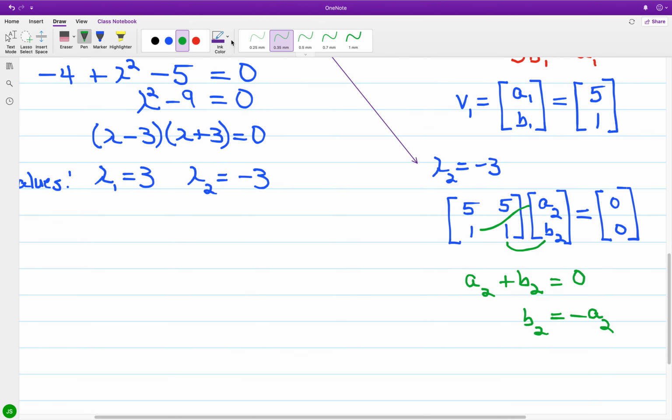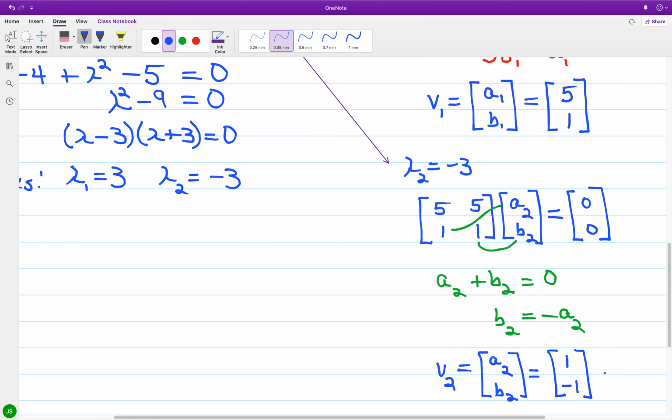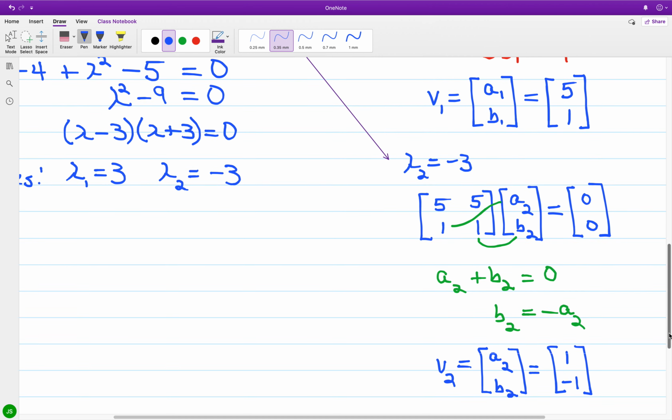In the case of the second eigenvector, v of 2 is equal to a of 2, b of 2, and with b of 2 being the negative of a of 2, we'll say a of 2 is 1 and b of 2 is negative 1. You could have it the other way around with negative 1 at the top and 1 at the bottom, because that would still ring true. So again, we have the eigenvalues and the eigenvectors.